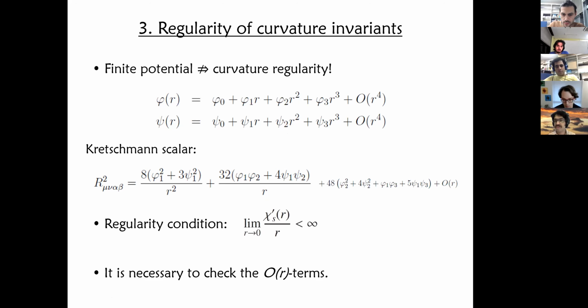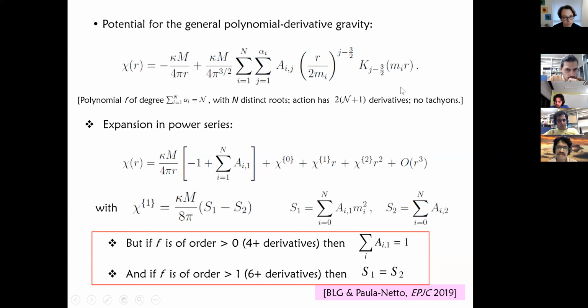And well, this is a constant, this is a modified Bessel function. This constant depends on the partial fraction decomposition of 1 over the form factor. And you can expand the potential in power series and you get this result.